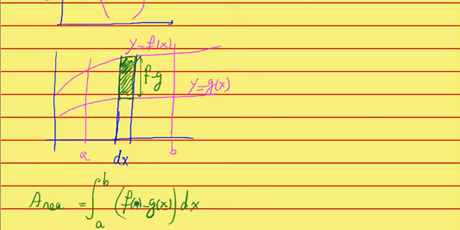Now remember that you could write this same formula in another way, which is to write it as the integral of f of x dx from a to b minus the integral of g of x dx, that one also from a to b. What do each of them represent?